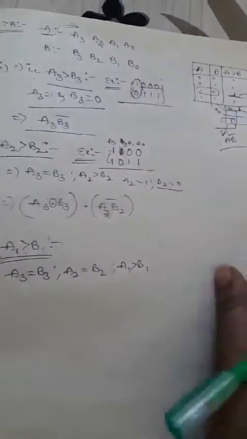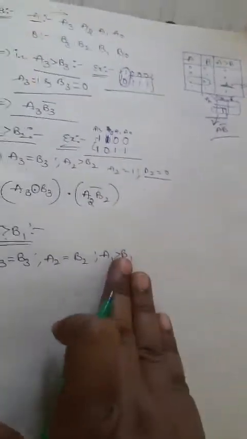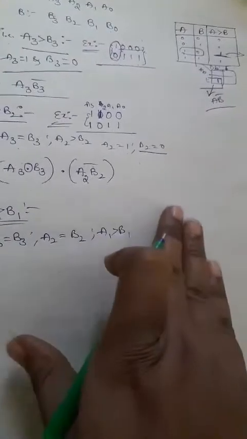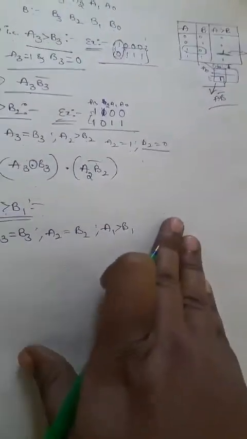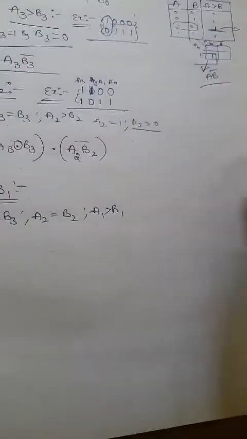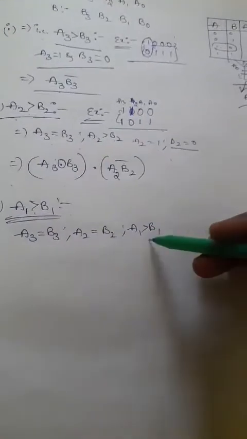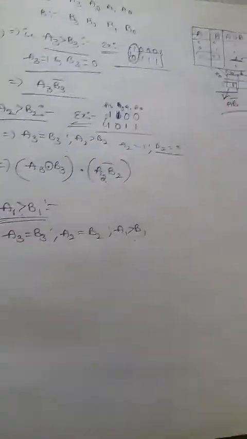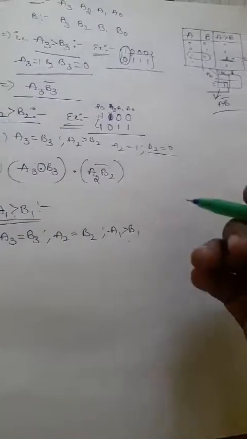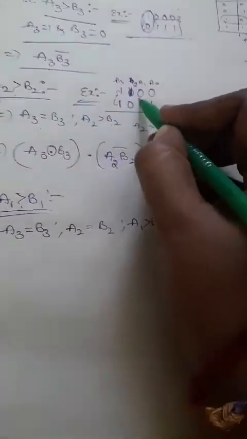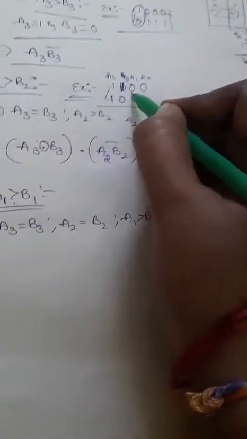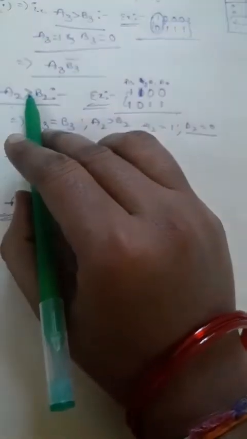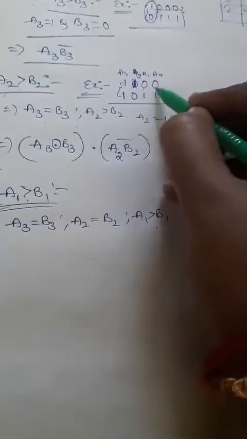Whatever the after bits are, you need not bother about that. For whatever bits we have after A2 and A1, no need to take those bits. Whether they are greater than or less than, you can skip those bits. Here check it. Here A1 is less than B1 actually, but the condition is greater than, so it's not satisfied actually.